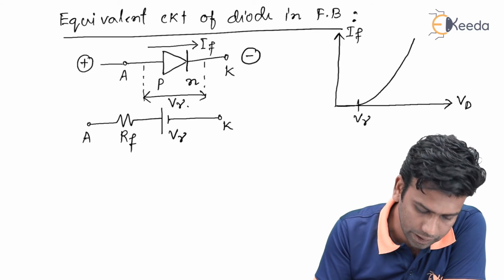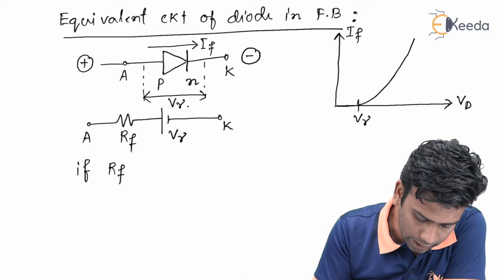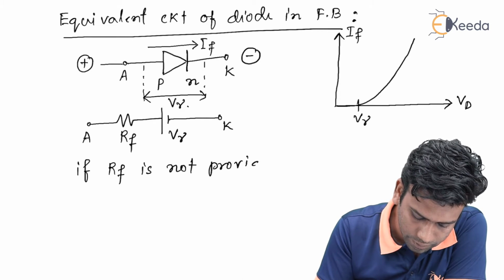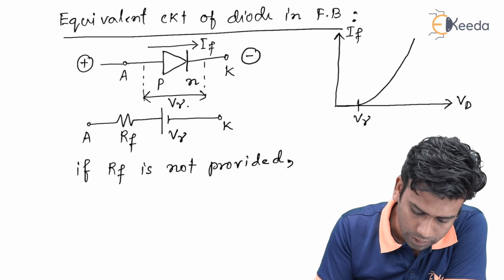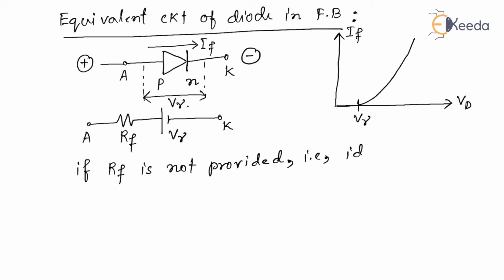Now sometimes in the examination, if Rf is not provided, that means the diode is ideal, and we can draw this circuit in the following manner: anode, V gamma, cathode.